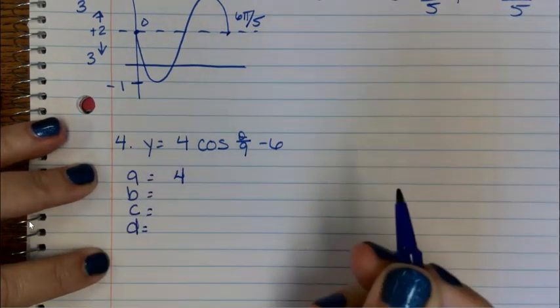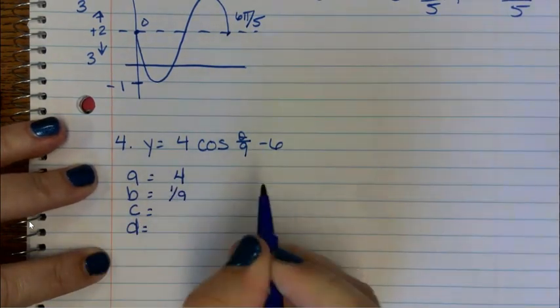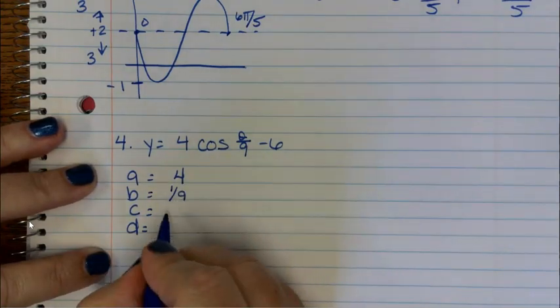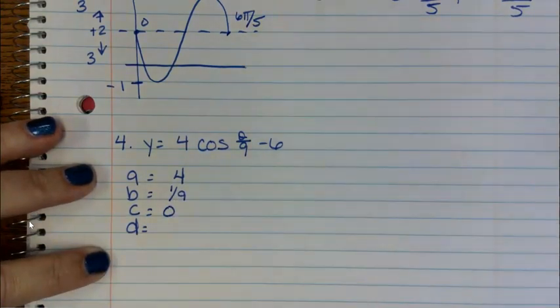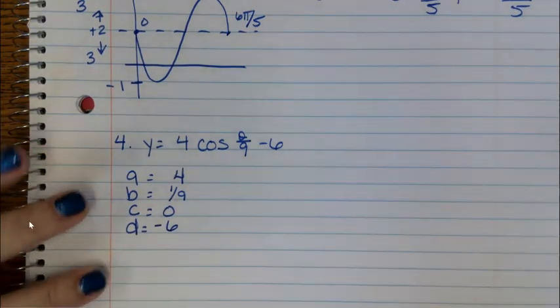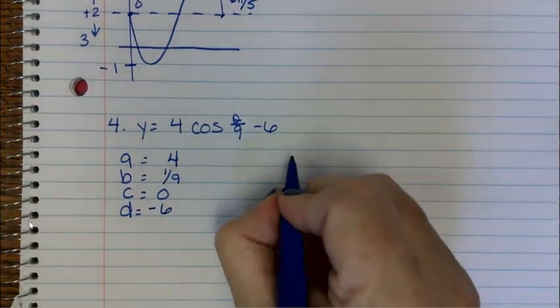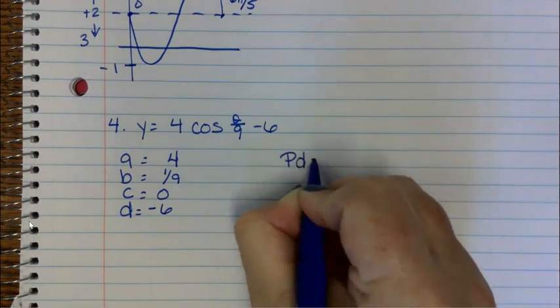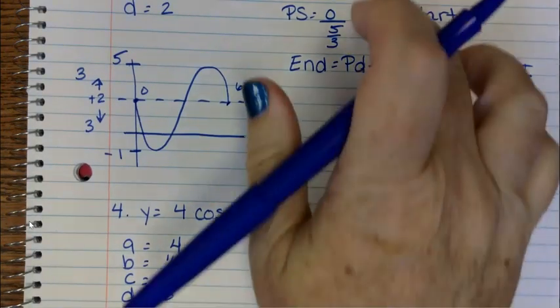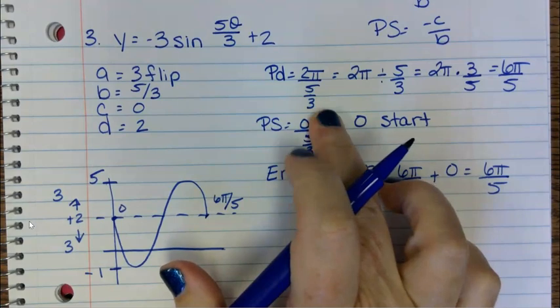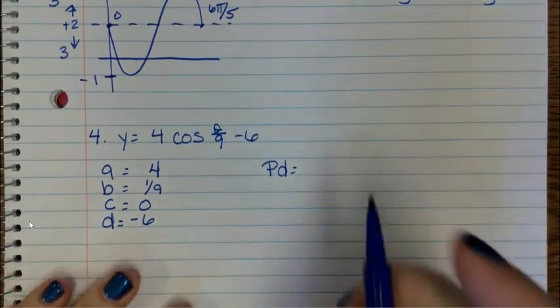So A is 4, B is 1 over 9, no parentheses, so no C, and D is -6. Evidently, I went crazy with fractions. So period, I know from above when I have a fraction for B, so I'm going to go straight to old school.